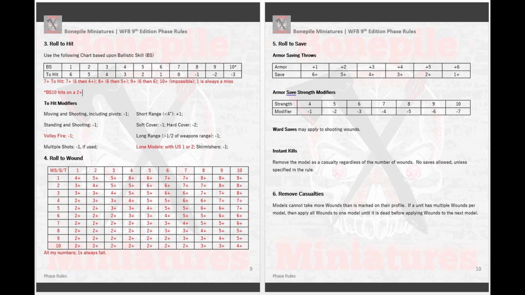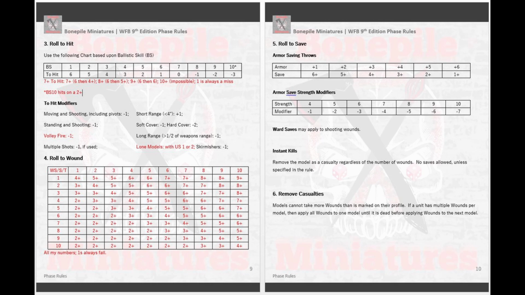And then for a whole nother earth-shattering change, I wrote a new wound chart. But I'm going to skip this chart for now because it is the same chart that shows up in the combat phase. See in the upper left corner, this same chart works for both weapon skill and strength and toughness comparisons.